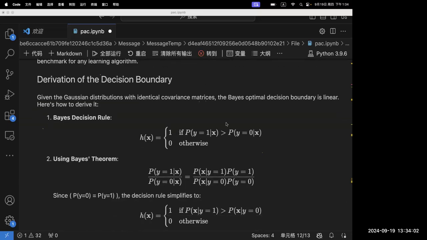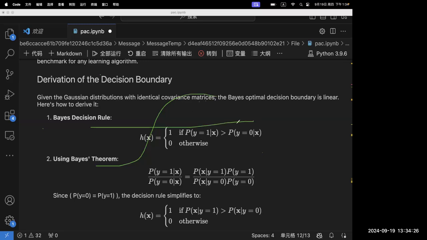So we know that the correct prediction rule looks something like this. If the ground truth label is 1, this means our prediction should be greater than the prediction of x being 0. This is because of the properties of logistic regression, right? Logistic regression looks something like this.